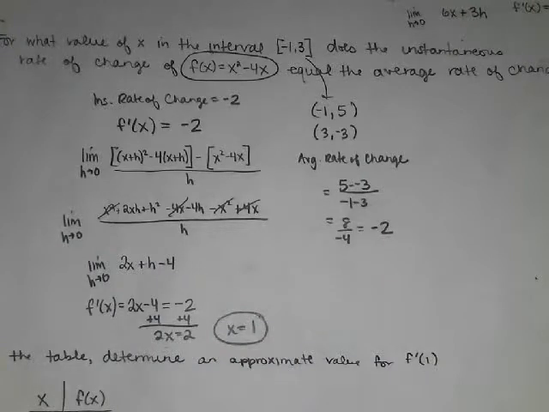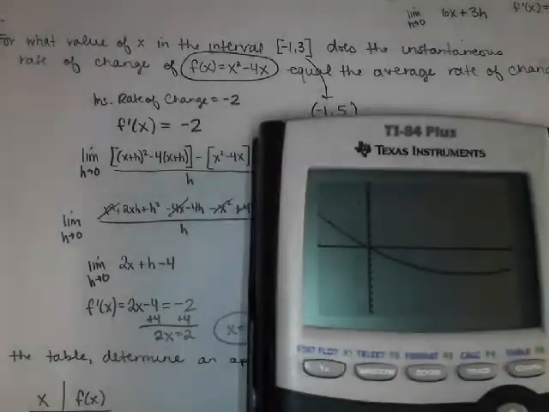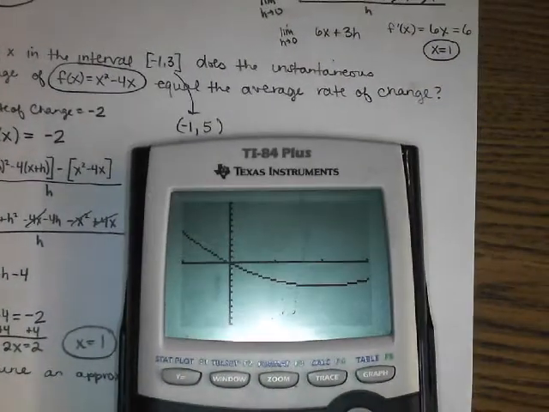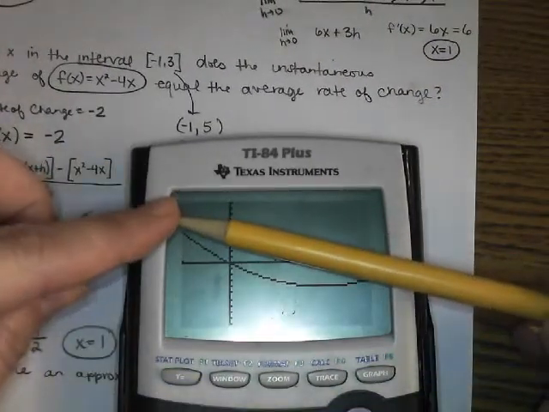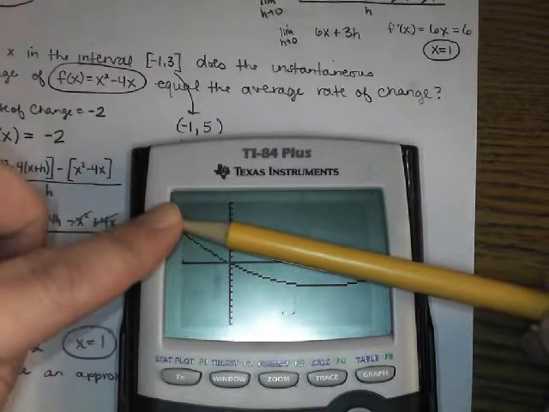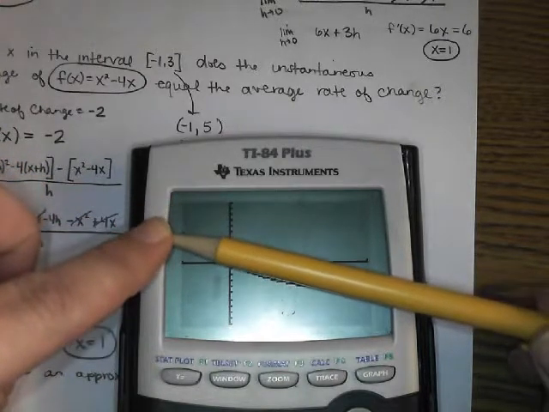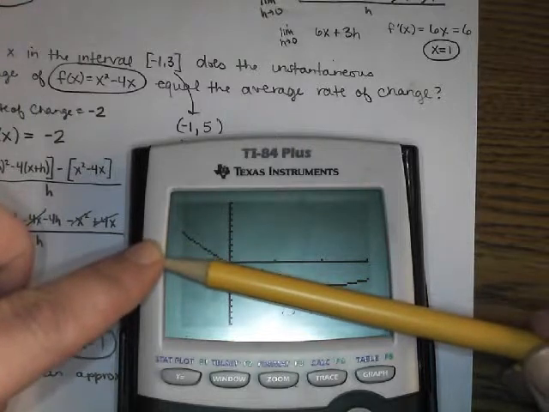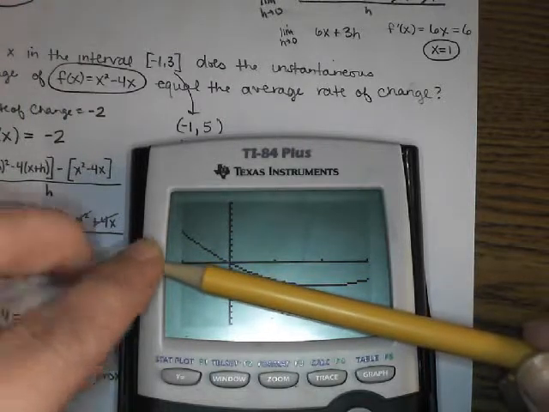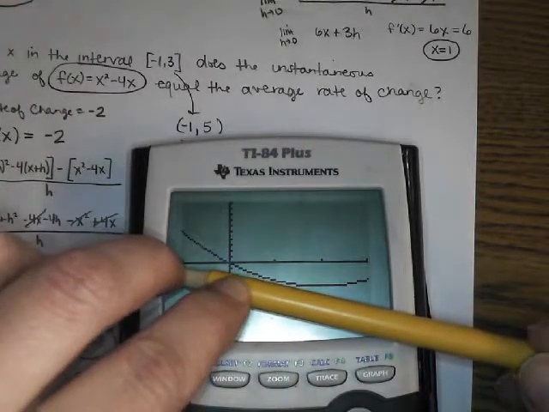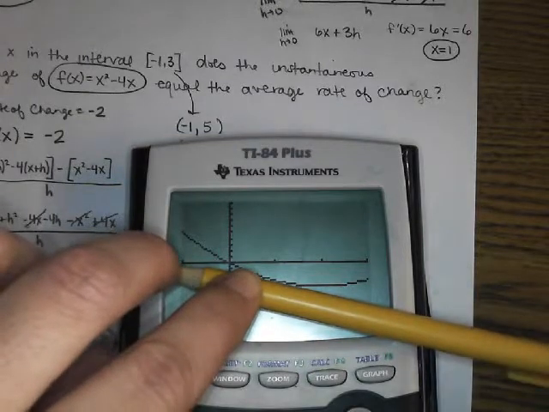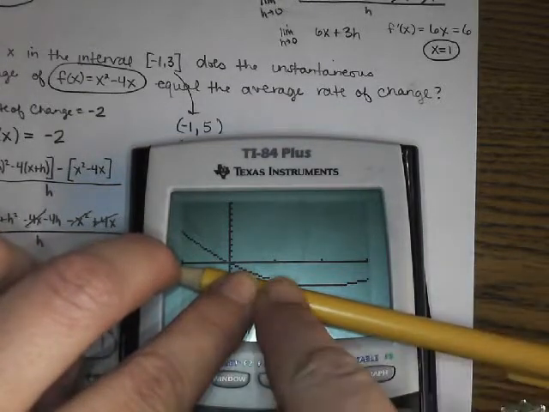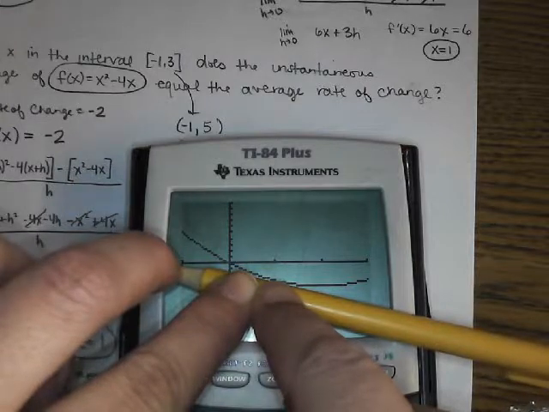And I think on our graph, that would have been your guess based on the visual, right? Again, there was the average rate of change. If I slide it down until that becomes a tangent line, I think that was a pretty good estimate. Right there is the point of tangency, which is at an x value of 1.